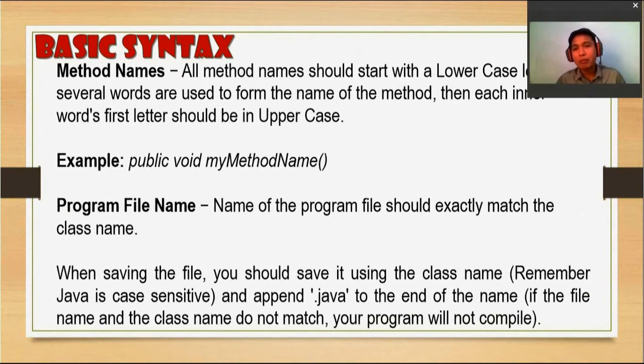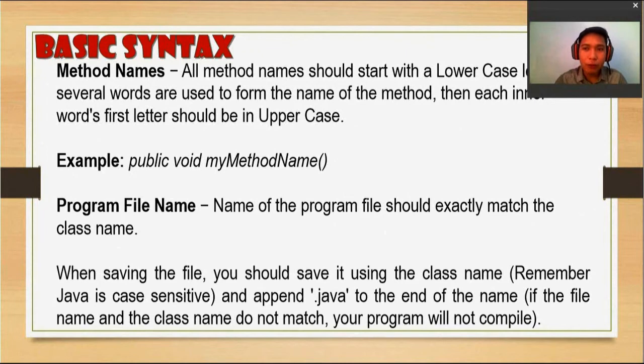Next is the method name. All method names should start with a lowercase letter. If several words are used to form the name of a method, then each inner word's first letter should be in uppercase. So it's inverted compared to the class name, because for a class name, the first letter should be uppercase.